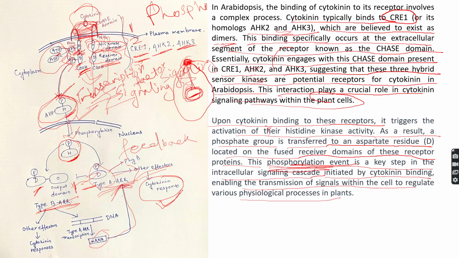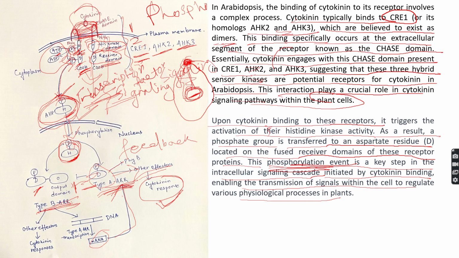This receptor is now phosphorylated or activated. It will now activate the AHP protein, which will act as a transcription factor. Now it will enter the nucleus through the nuclear pore, and this AHP will phosphorylate type B ARR and also directly type A ARR.